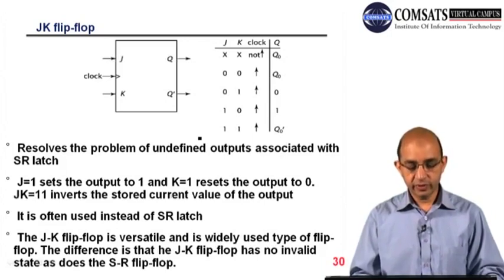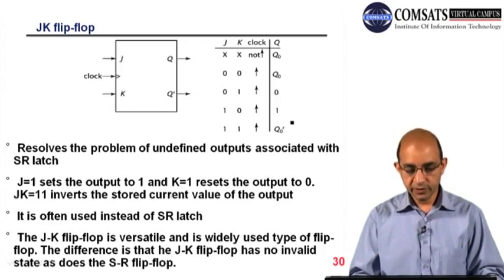So in order to resolve those problems, let me introduce the JK flip-flop. You can see that we have no race condition whenever we have 0 0 and 1 1. Moreover, whenever we have 1 1, you will see that the output is toggled.